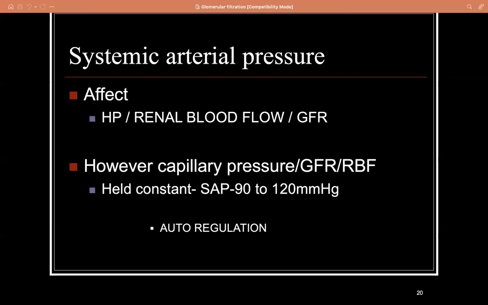So in other words, your blood pressure can drop. You have had a road traffic accident. You have lost maybe about, out of your 6 liters, 2 liters. You have come with 4 liters. That 4 liters will still be comfortable for the kidneys.